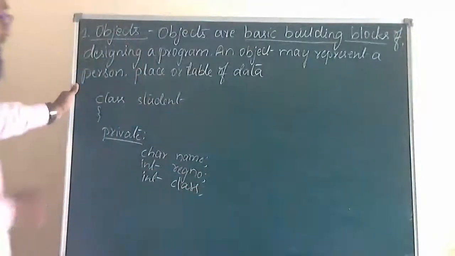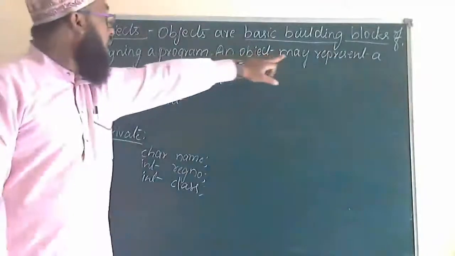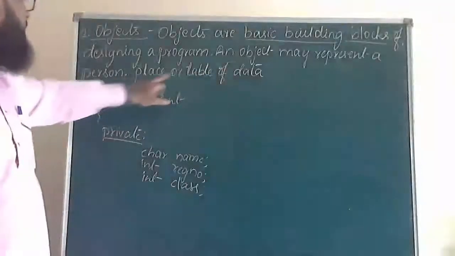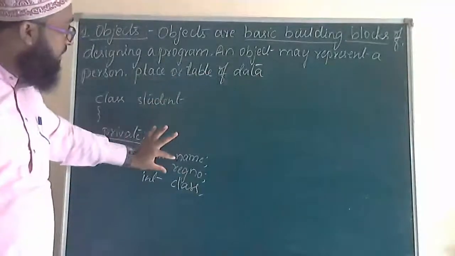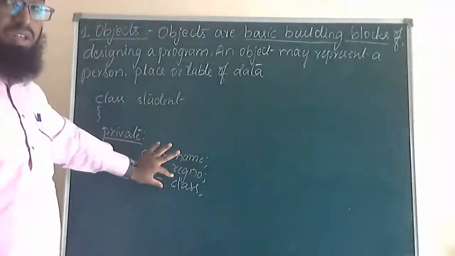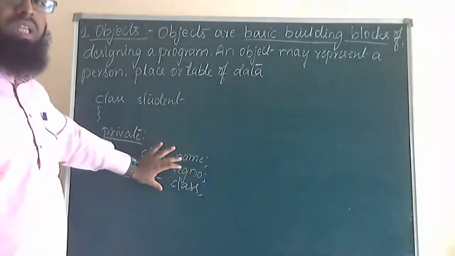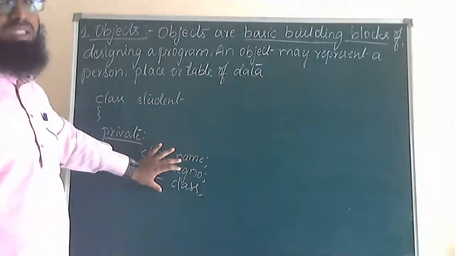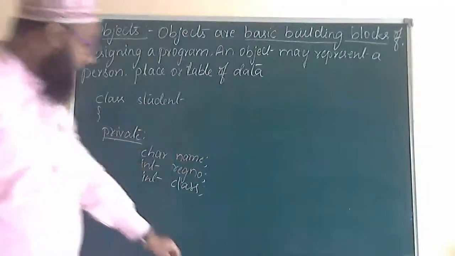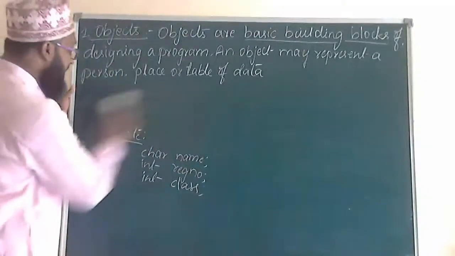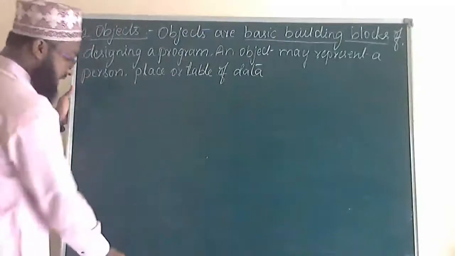See, an object may represent a person, place, or table: the name of a person, or a number, or the class. So they can be called objects. Later I will explain this in detail. Now we shall see what an object actually means.